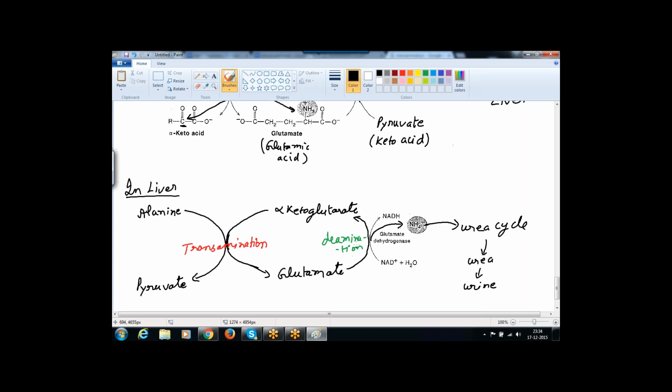So deamination in liver is possible. So glutamate will just leave its amino group and become alpha ketoglutarate, whereas in other cells, it was not possible. Whereas this pyruvate will become acetyl-CoA and go into Krebs cycle, or it can do whatever it wants.